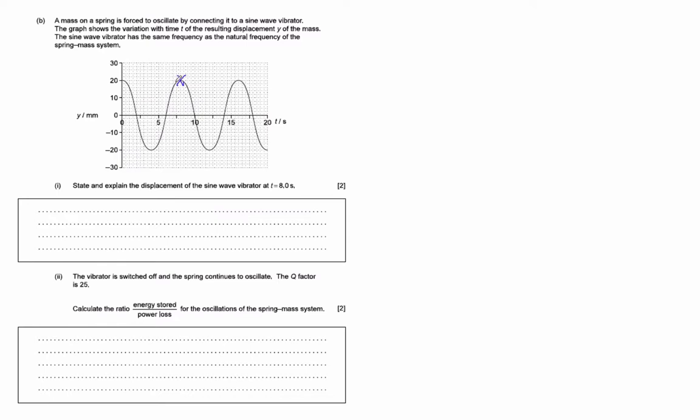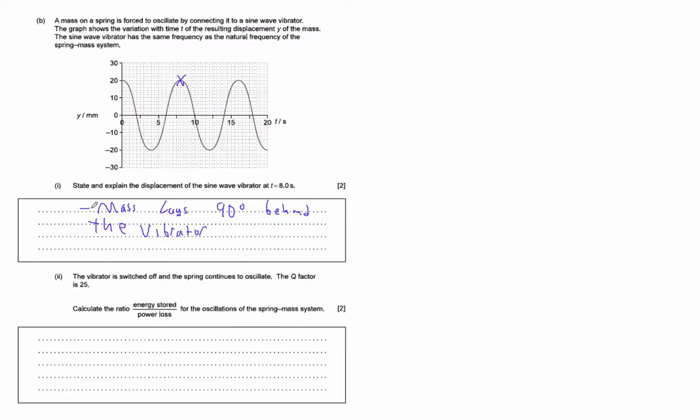Remember that this is the driven mass, and so the mass lags 90 degrees behind the vibrator.